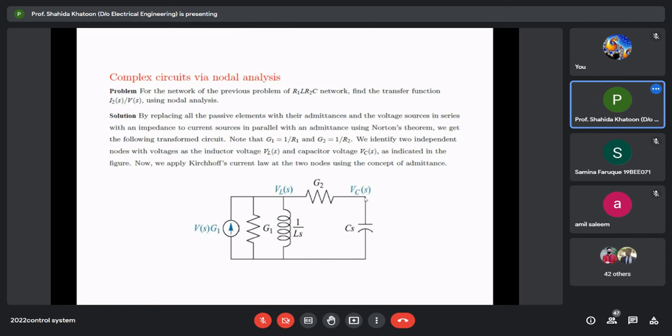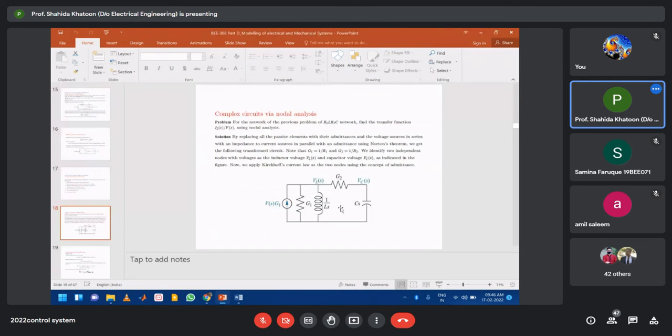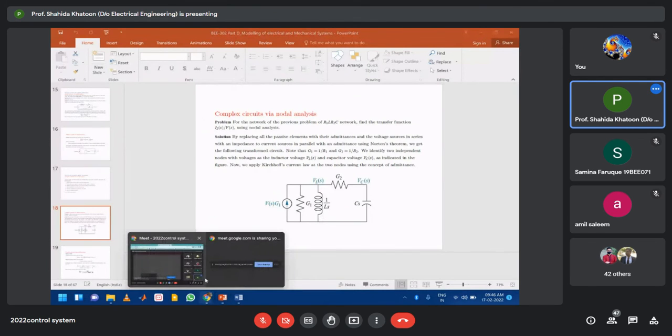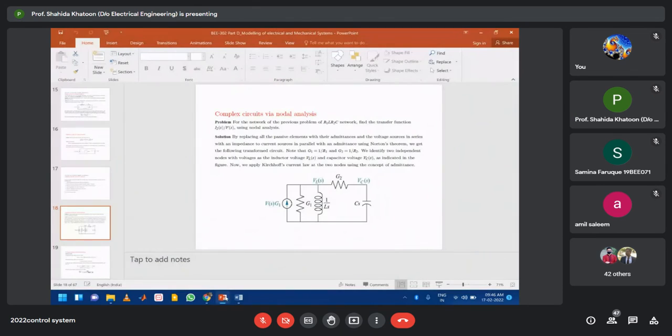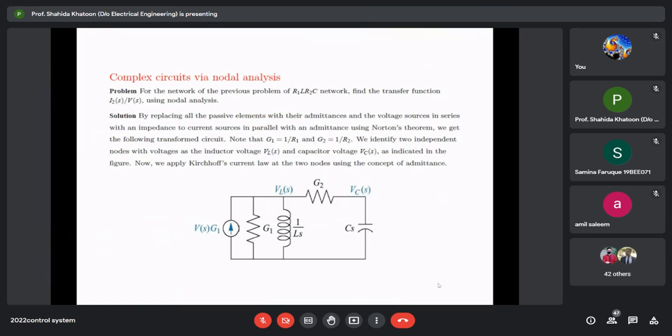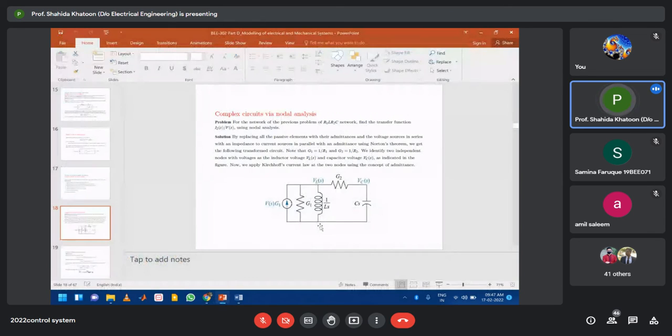Try to solve this problem. Note this down, draw this diagram and try to solve it. Meanwhile, I'll take your attendance.